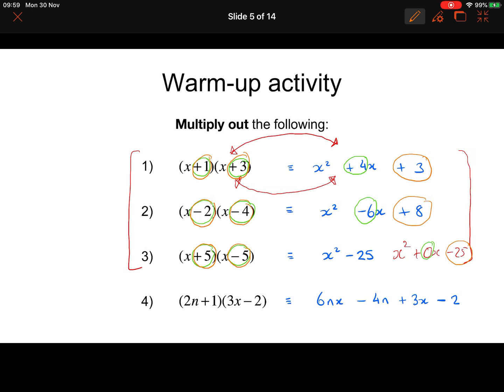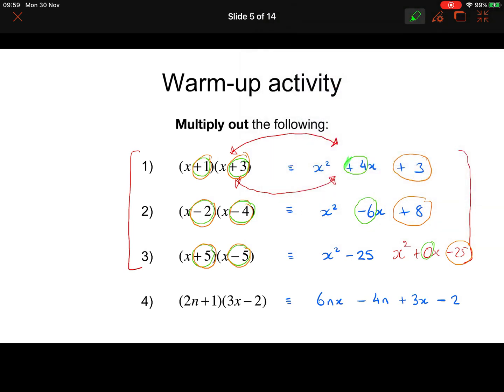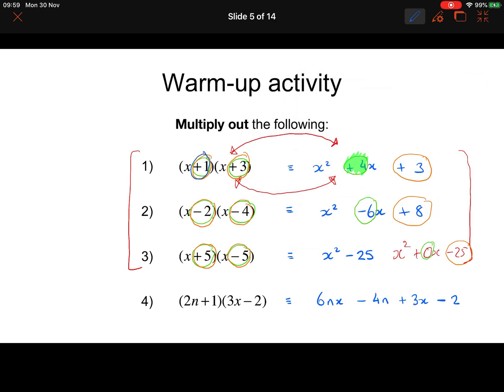What you should notice is that this green number here is these 2 numbers added together. So 1 plus 3 equals 4.